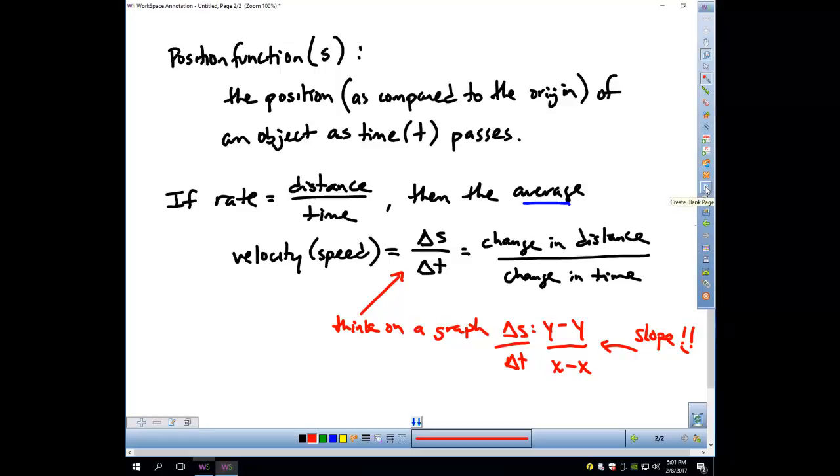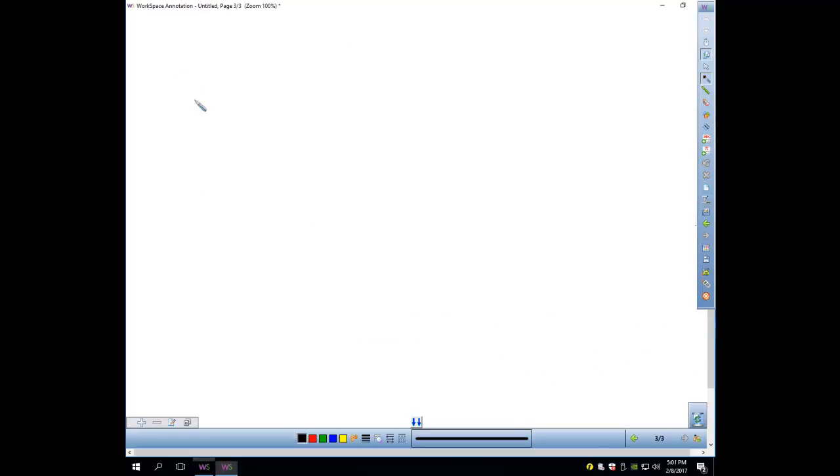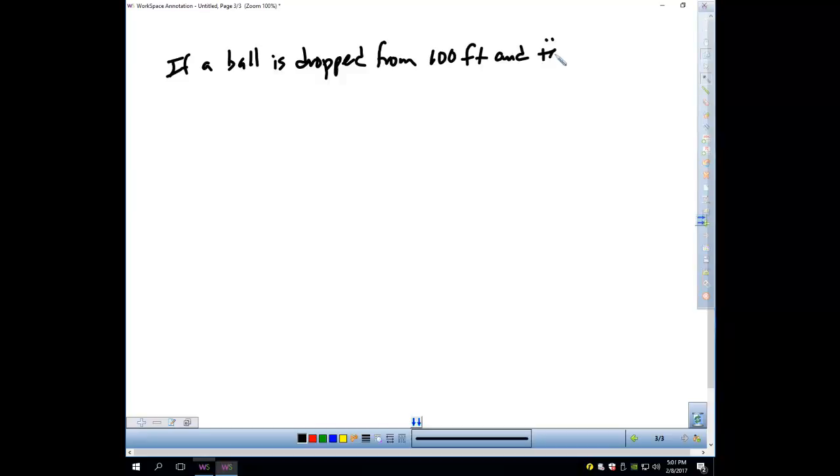So let's look at an example problem to give you an idea of what we're talking about. Suppose that I'm standing on the top of a building and I drop a ball. Let's say the building is 100 feet tall, and that ball falls according to the following function.